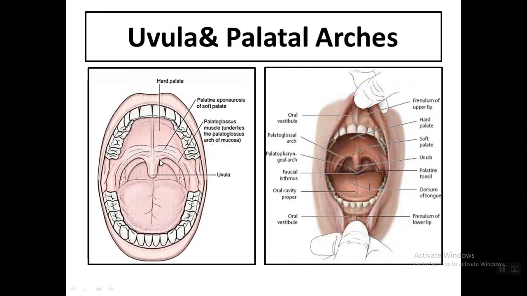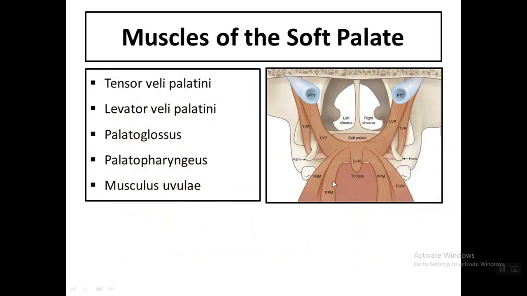Through the palatoglossal fold and the palatopharyngeal fold. This is the uvula in the midline. These palatoglossal and palatopharyngeal arches or folds connect the soft palate and the pharyngeal wall.